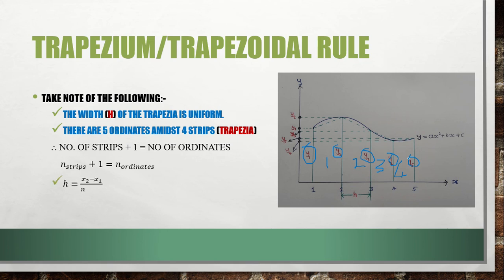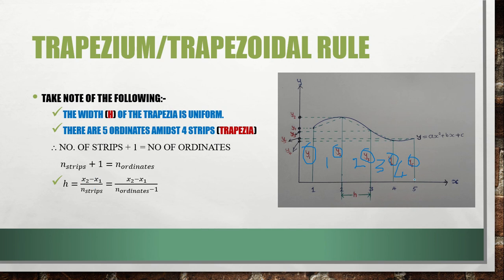How do you get the height? For example, the formula we use is h is equal to (x2 minus x1) divided by the number of strips. So x2 simply means the farthest or the last x coordinate that you have, minus the first coordinate.